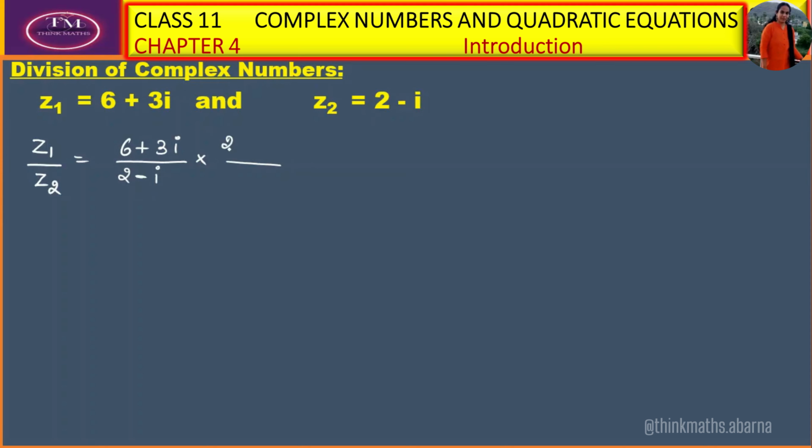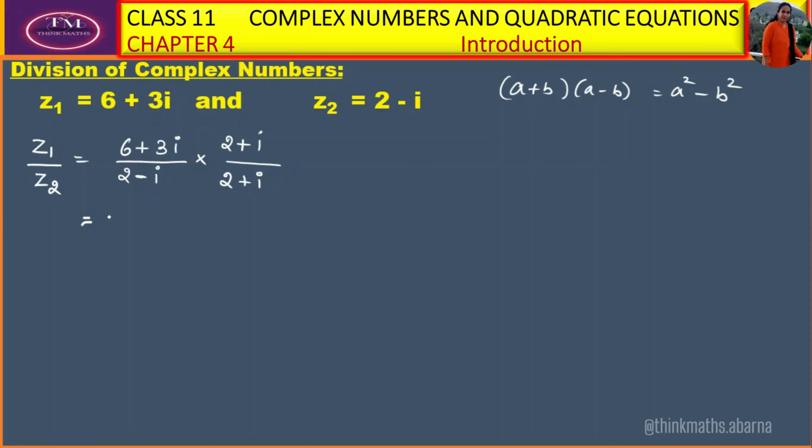So it is 2 plus i in the numerator and denominator. So you will get (6 plus 3i) into (2 plus i) in the numerator. In the denominator you have (2 minus i) into (2 plus i). This is (a minus b) into (a plus b). What do you know? (a plus b) into (a minus b) is a square minus b square. The same formula we are going to apply for complex numbers also.